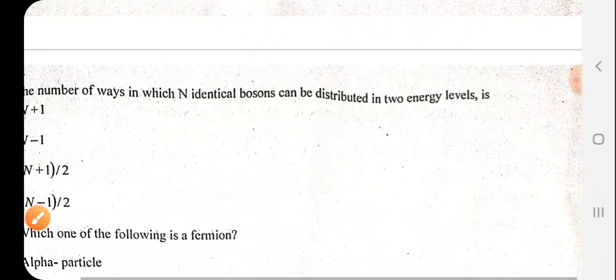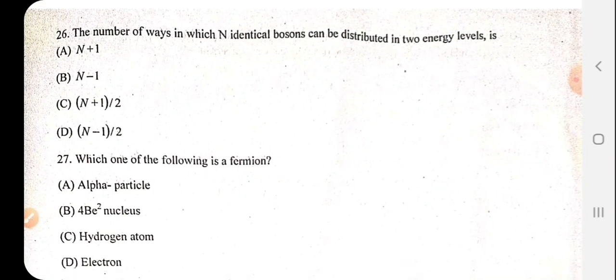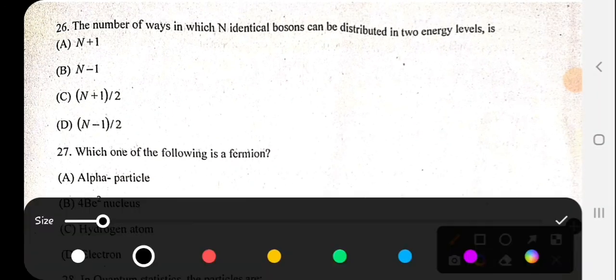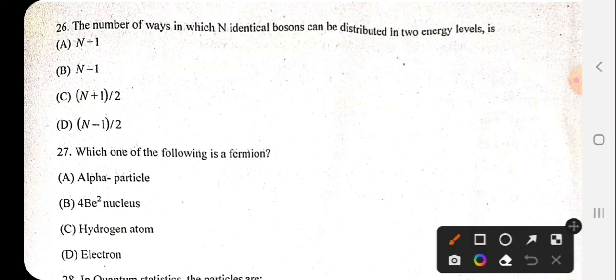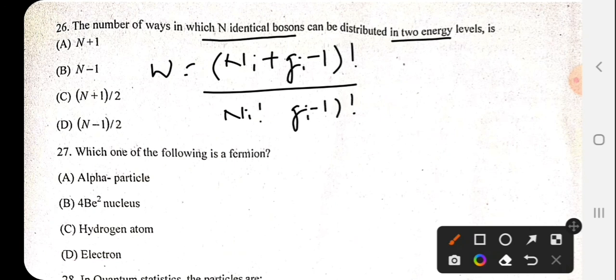Now come to question number 26. It is given: the number of ways in which n identical bosons can be distributed in two energy levels. For bosons, the formula for the number of ways is W equals (ni plus gi minus 1) factorial divided by ni factorial multiplied by (gi minus 1) factorial.